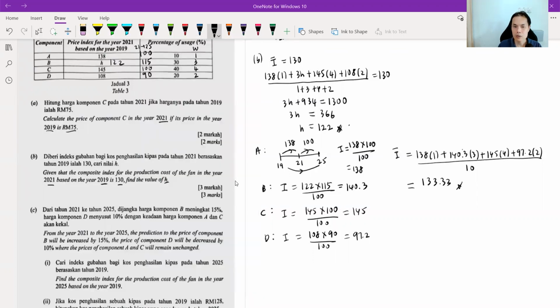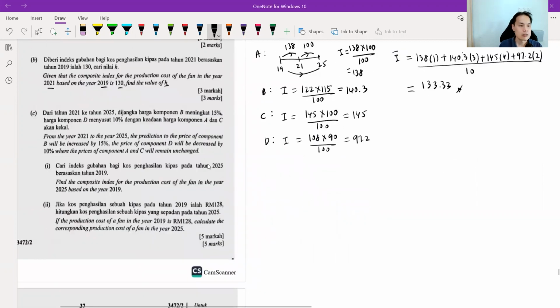133.33. Okay. Now, we're not done yet. This is just C Roman 1. C Roman 2: if the production cost of the fan in 2019 is 128 ringgit, calculate the corresponding production cost of the fan in the year 2025.